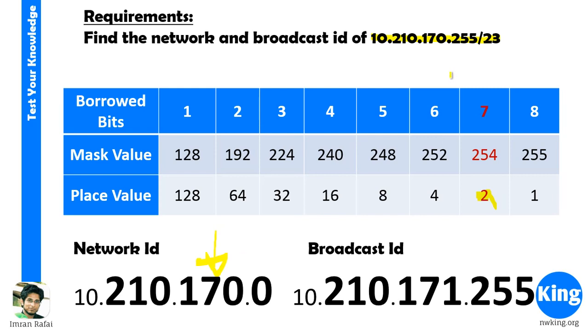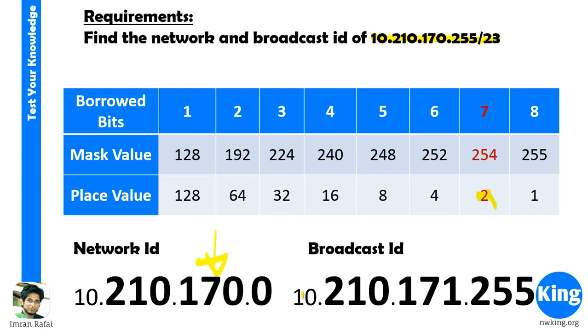Another way to answer this question is, because we know the changes are happening on the third octet, we could have started at 10.210.0 instead of counting all those numbers. So we would count at 10.210.2.0, 10.210.4.0 and on and on until we reach 10.210.170.0. Don't get confused.